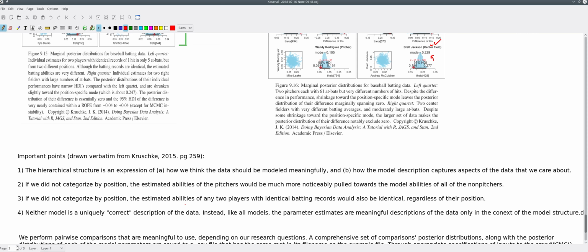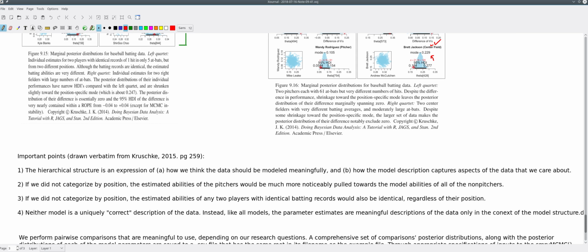Now, neither of these is incorrect. That is, including the categorical layer versus excluding it. Neither of which is supposed to be superior to the other or is more correct than the other. What matters is the question that we are asking and whether we have the data in our data set to address that question.